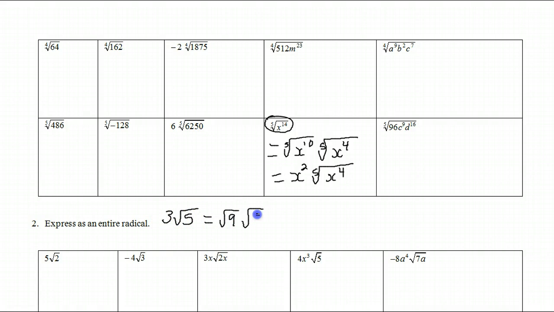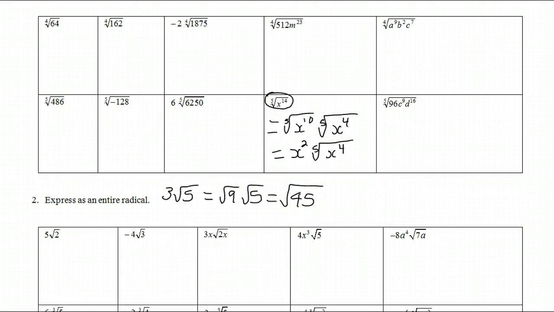So I would have root 9 root 5, which is root, and you just put these two together, right? 9 times 5 is 45. So we have the mixed radical. We take the 3, put it back under the root sign. Since this is a square root, we'll just square the 3 and multiply. 9 times 5 is 45. Okay, and now, of course, you can work on these.